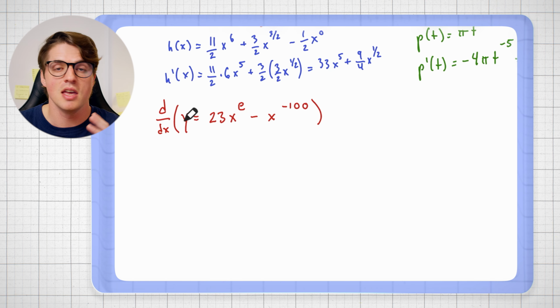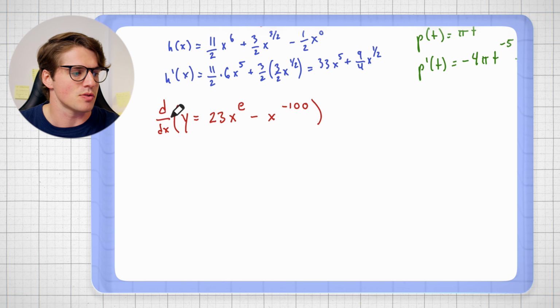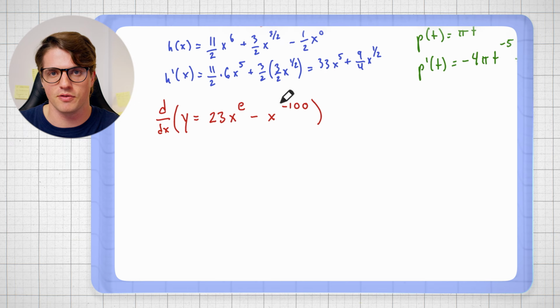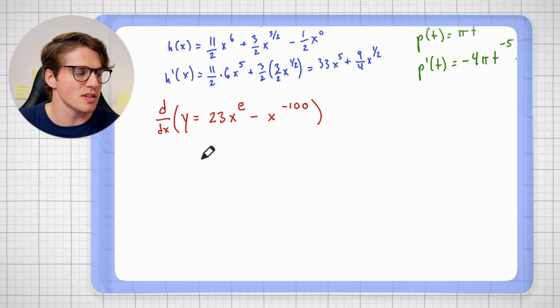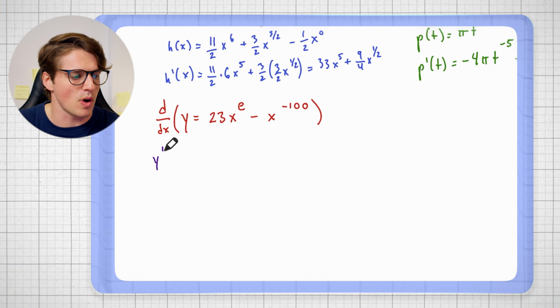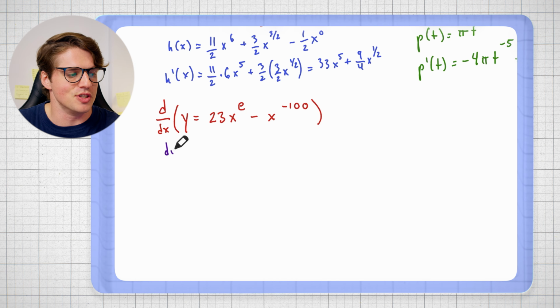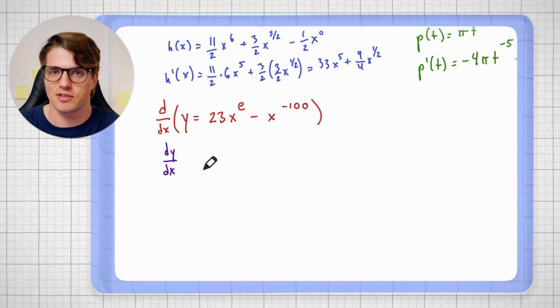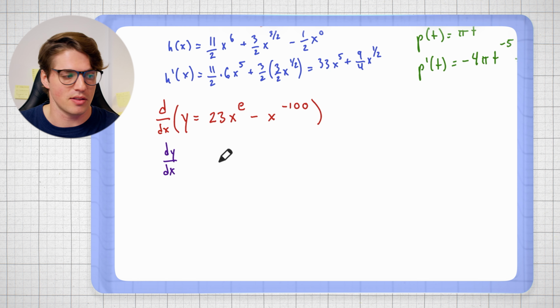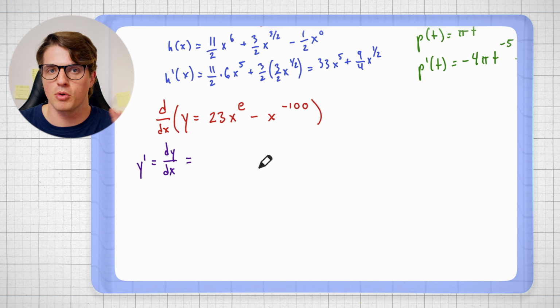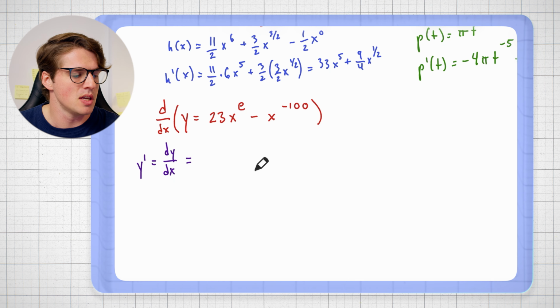It's telling us take the derivative. So this is telling us to take the derivative of y. And when we do this, we could write this as y prime, or we could write the derivative as dy dx. This is another way to write the derivative. So I'm going to write y prime there. So we remember that that's exactly the same thing.